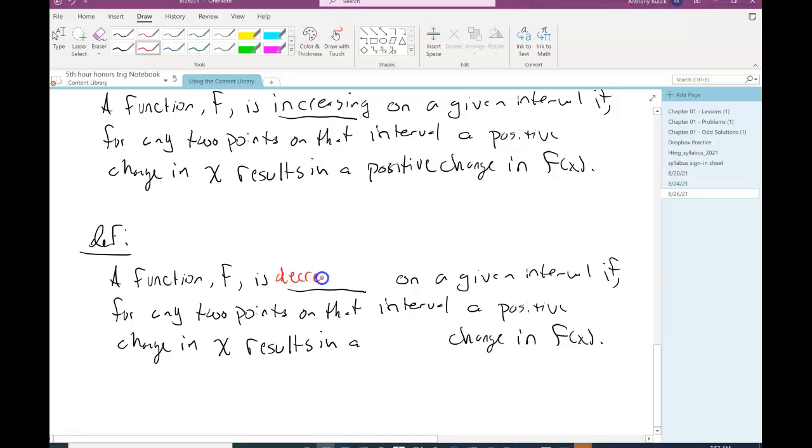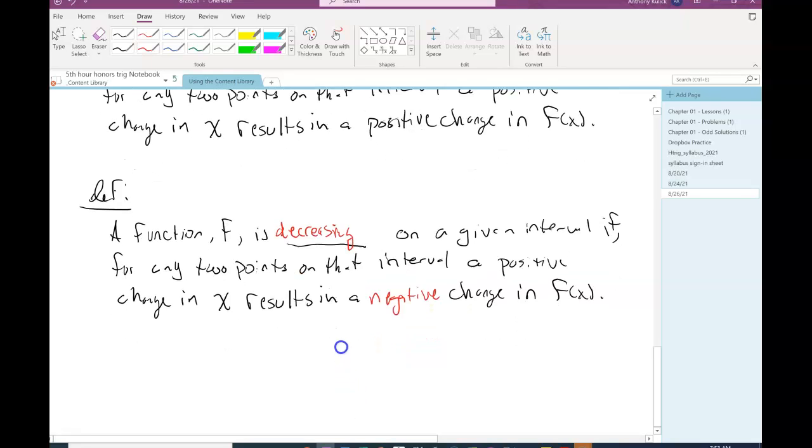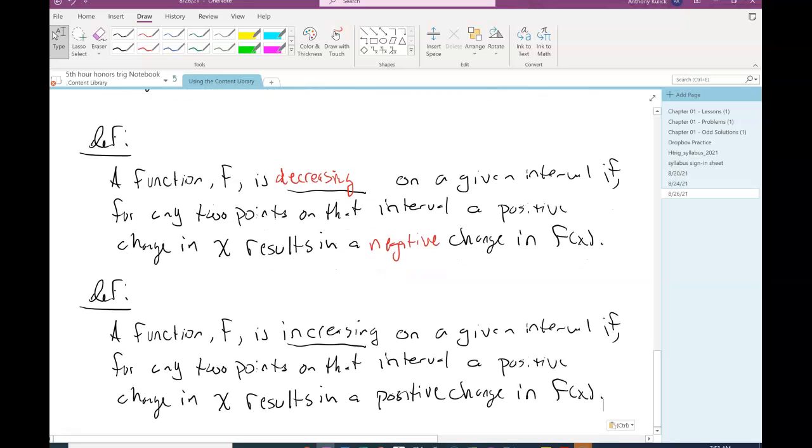So we say a function is decreasing on a given interval if for any 2 points on that interval a positive change in x results in a negative change in f of x. And we say that that function is constant on the given interval if a positive change in x results in no change in f of x.